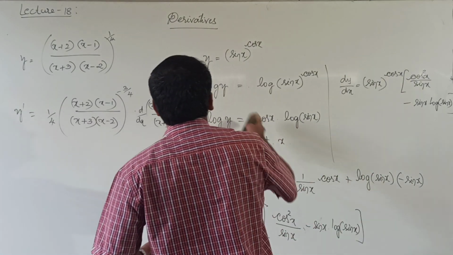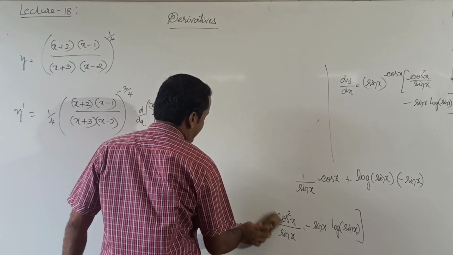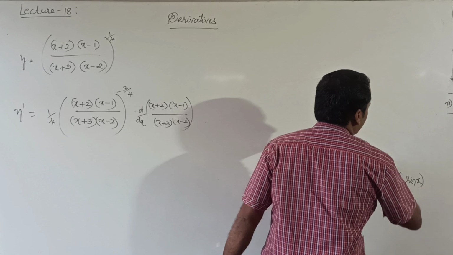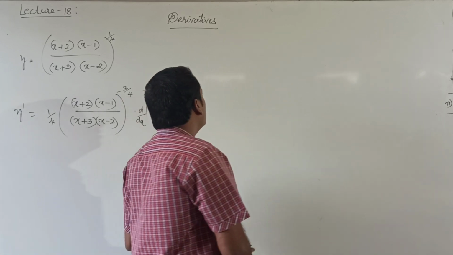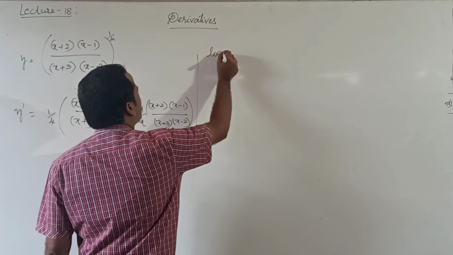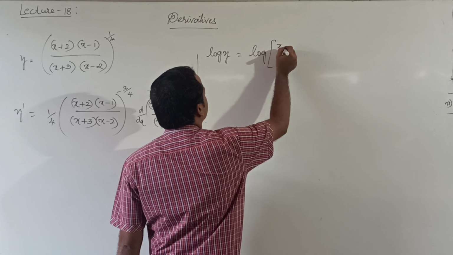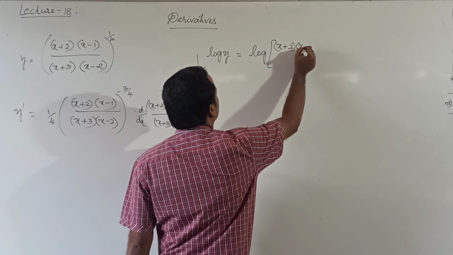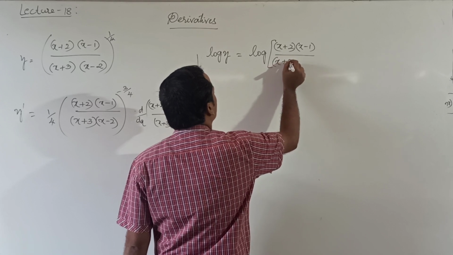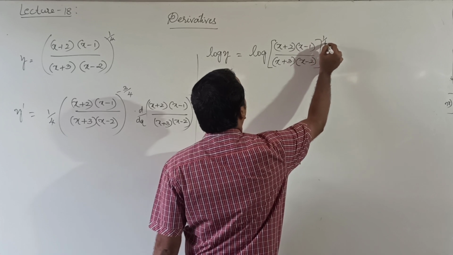Okay. So we have taken that as y. y is equal to x plus 2 into x minus 1 divided by x plus 3 into x minus 2, whole power 1 by 4. Now I will take log on both sides. Taking log on both sides, that will give you log y is equal to log of x plus 2 into x minus 1 divided by x plus 3 into x minus 2, whole power 1 by 4.